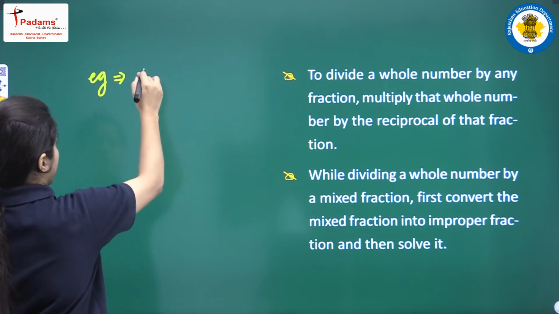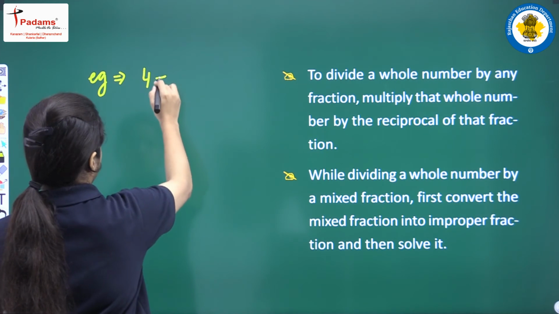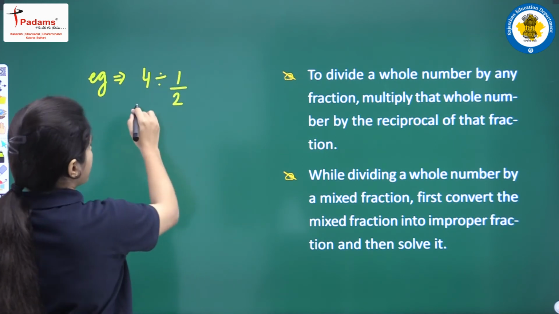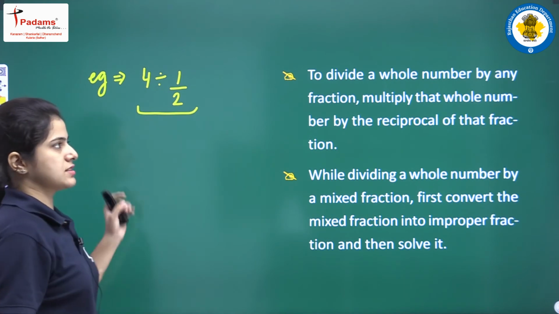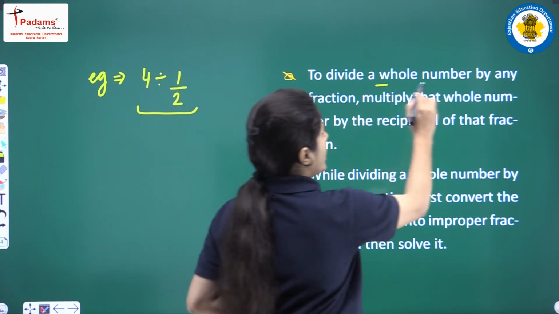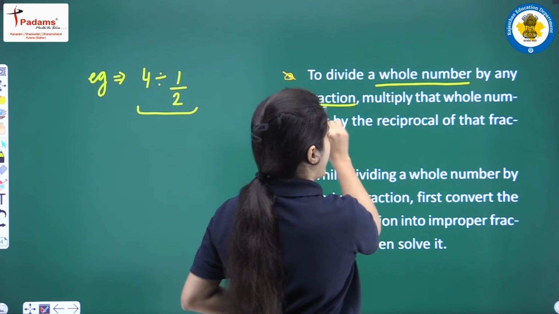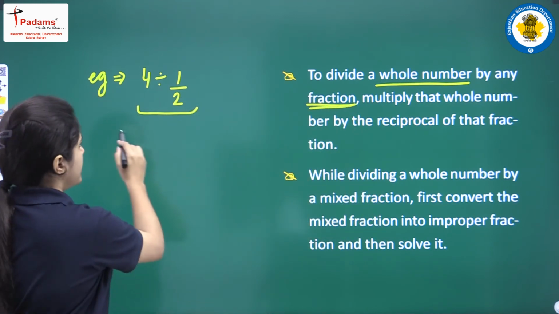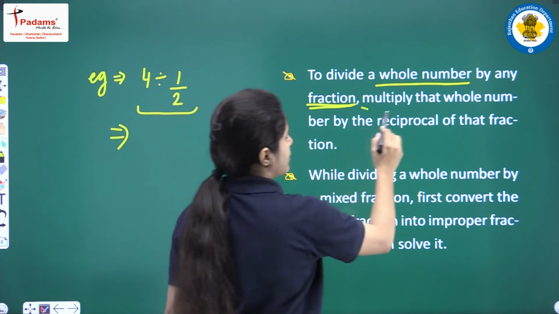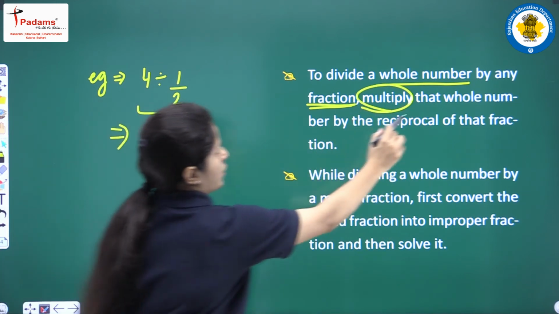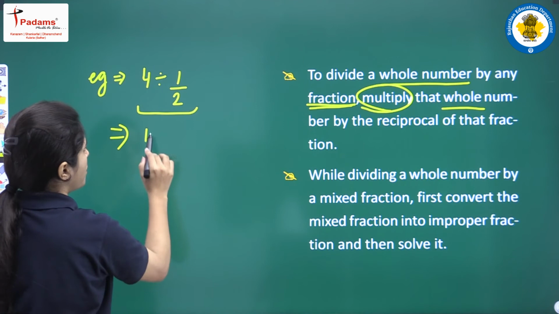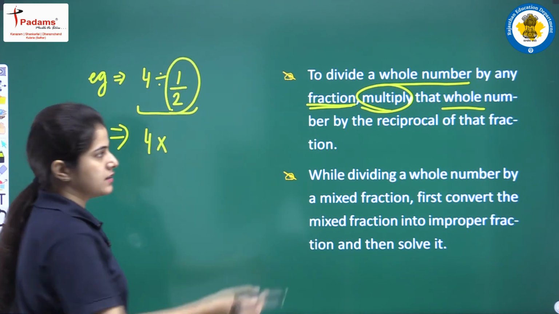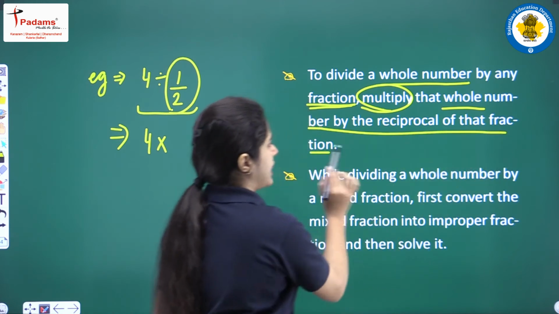if I want to divide 4 by 1 upon 2, alright. If I want to have the division of this, that is to divide a whole number by any fraction, what you need to do, what is written over here, multiply that whole number with the reciprocal of that fraction.